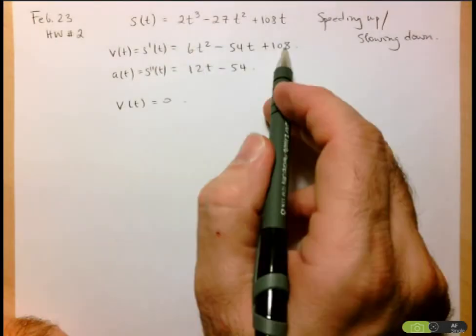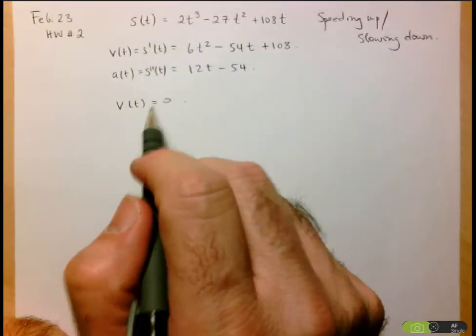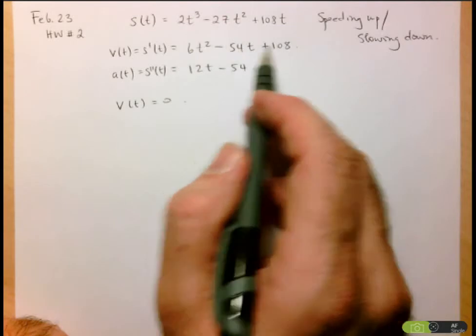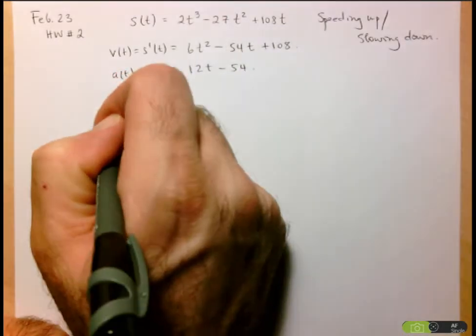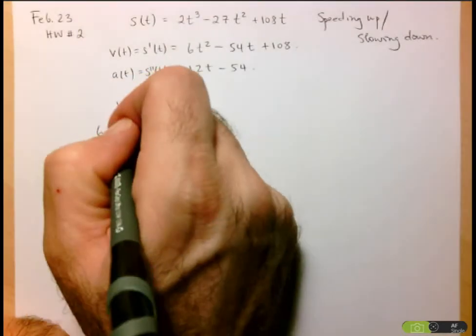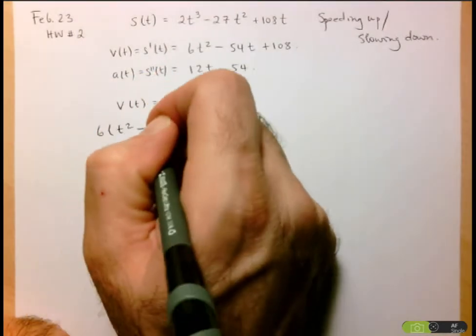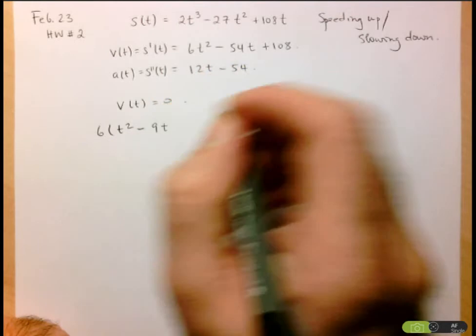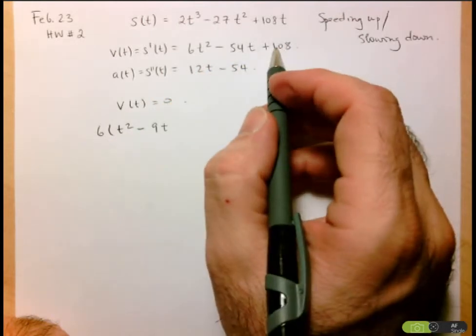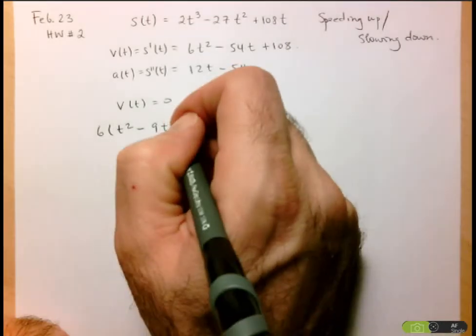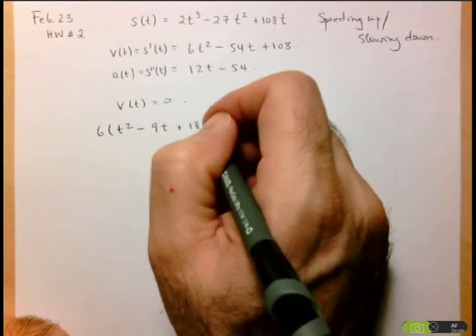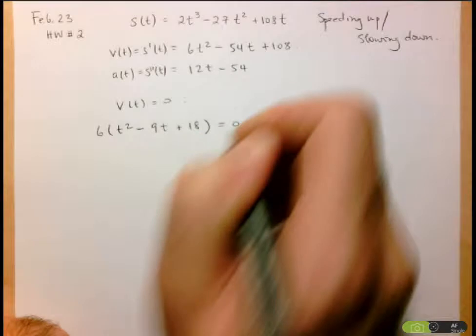So here I've got to solve this thing equal to 0, and I see right away that there's a common factor of 6, so let's start by factoring that out. We're left with t squared minus 9t plus 18, equal to 0.